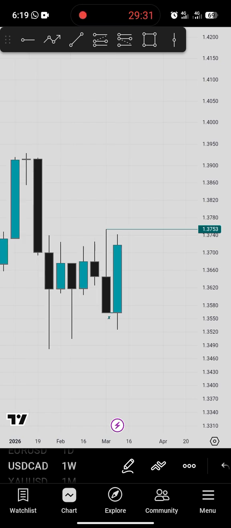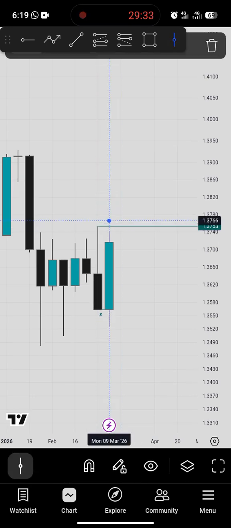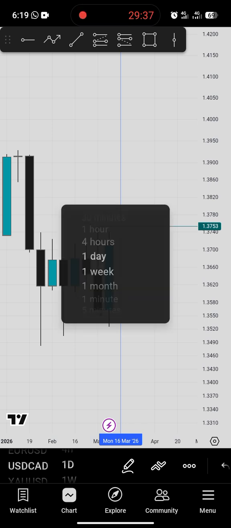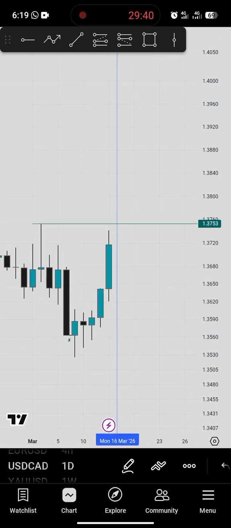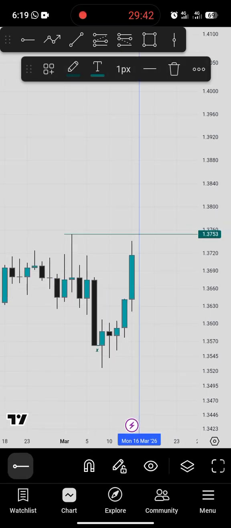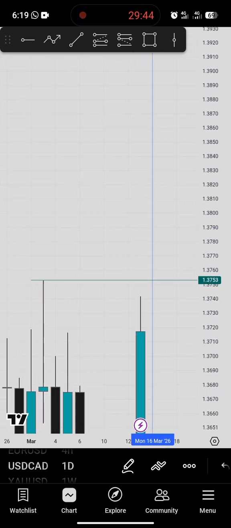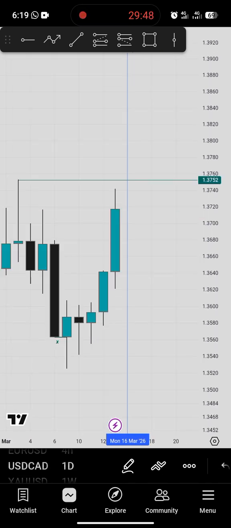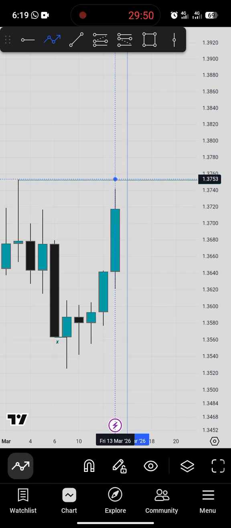So now this is what we are expecting. This is the beginning of this week. So I went down to my daily time frame. I checked maybe there's something like CRT. No, there's no CRT yet. CRT should be the first candle and the second candle, and the second candle closes inside the range.